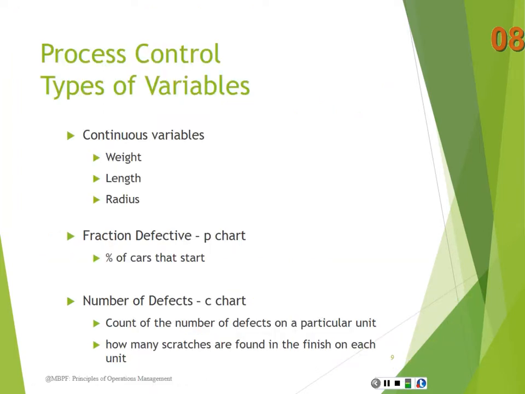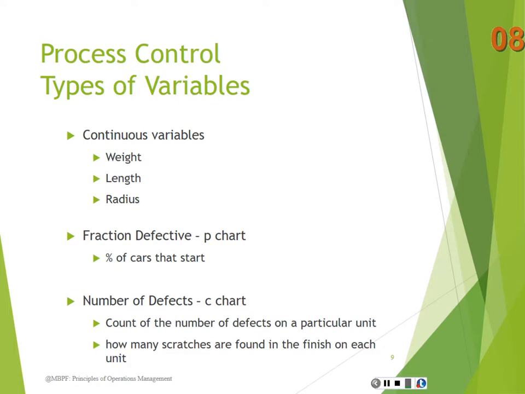What we're going to talk about today specifically is that there are really 3 different types of approaches that we take depending on what it is that we're measuring. If we're measuring something that has a continuous scale, like weight, length, radius, then we're going to use what's called the mean and the range to determine whether or not we're in control, okay?